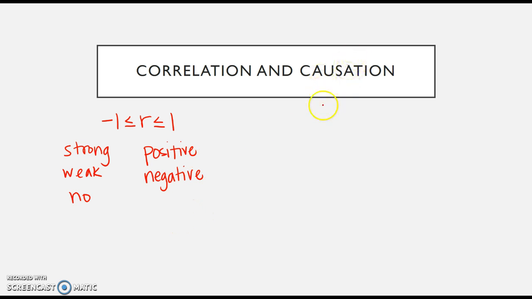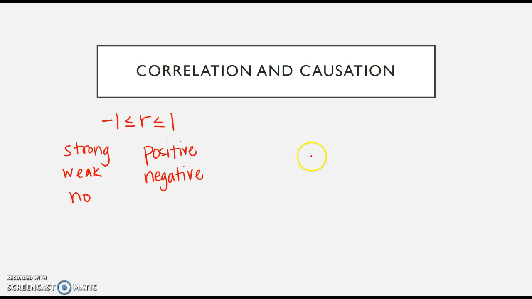And then causation is when you have one variable that causes another variable to happen. Not every example that has strong correlation is necessarily a causation. For example, in class we talked about the firefighters. Just because you have a lot of firefighters at a fire doesn't mean the firefighters are what make the damage cost so high.